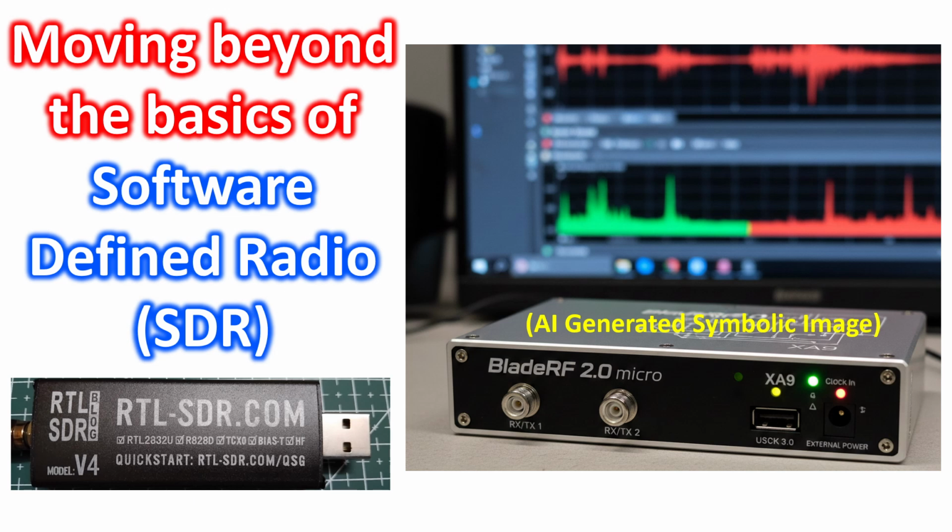Moving beyond the basics of software-defined radio, where we transition from radio as a hardware box to radio as an app, requires looking at the architectural bottlenecks and the advanced signal processing strategies that make modern high-performance systems possible.